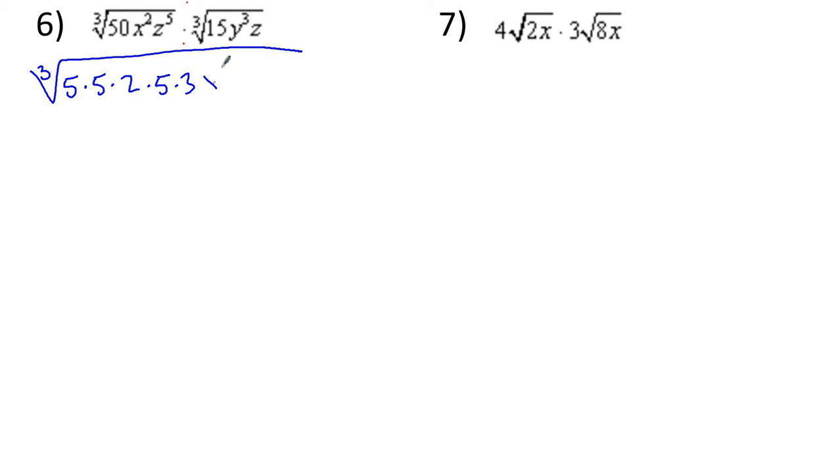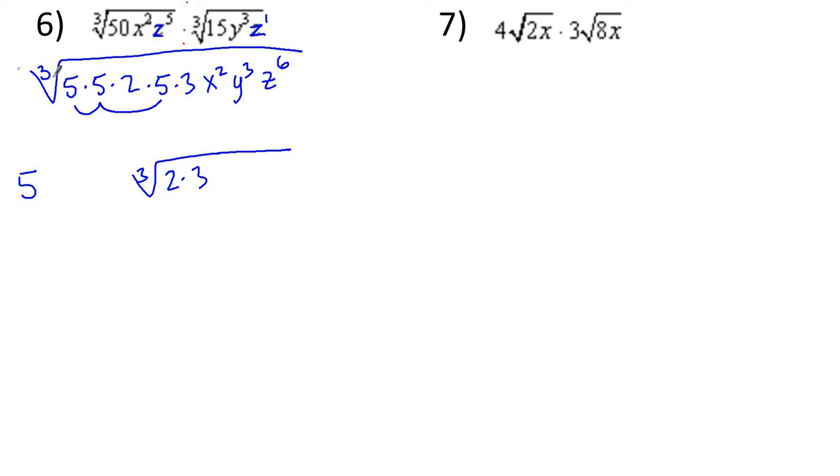We have x squared, y cubed, and then I notice I have this z and this z, so I'm going to add those exponents and get 6 of them. Then I'm going to take out my 5s, and I'm left with the 2 and the 3 underneath.